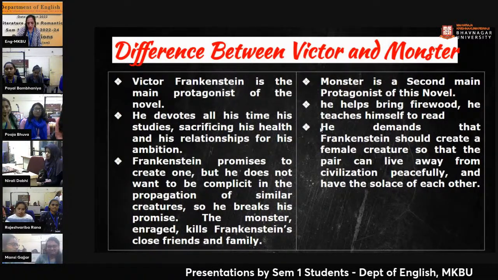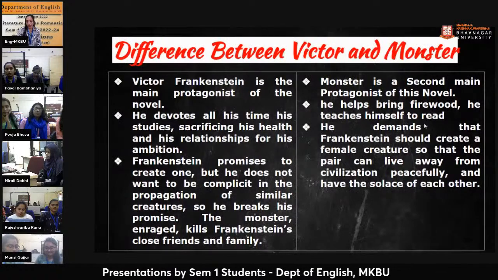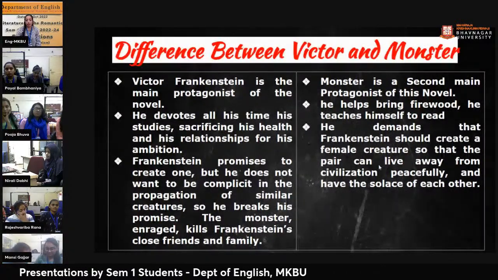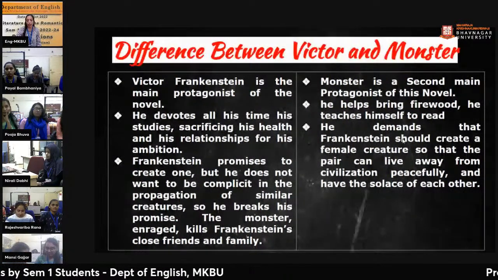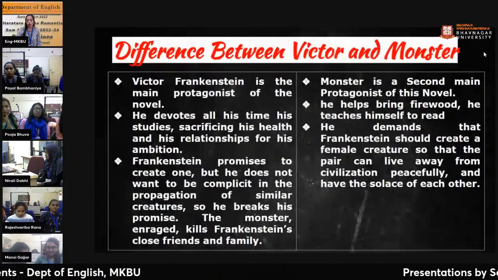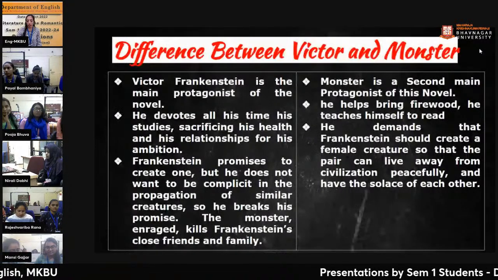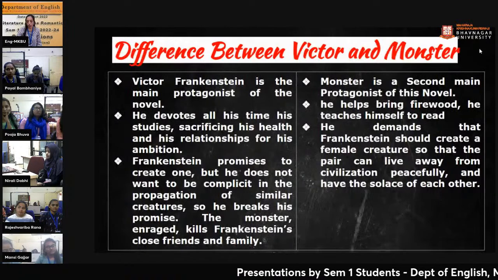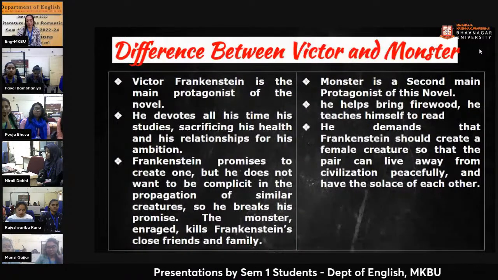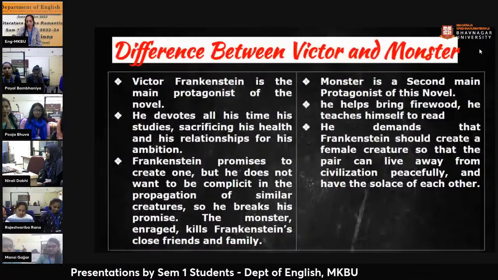On the other side, the monster demands that Frankenstein should create a female creature so that the pair can live away from civilization, in peace, and have the solace of each other.